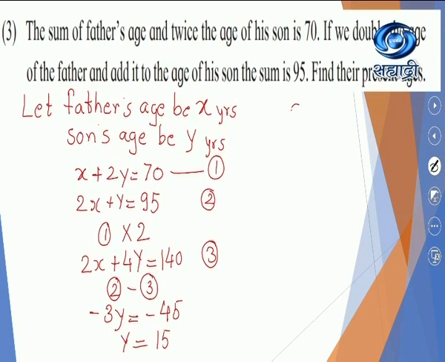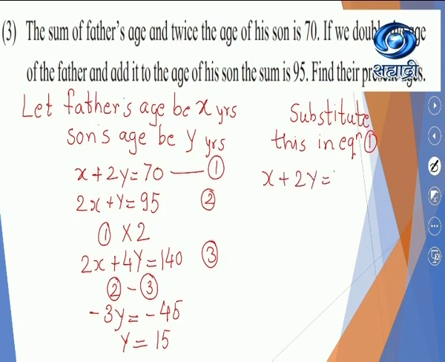Now let us substitute this value in equation 1. Okay. So what we get? x plus 2y equal to 70.